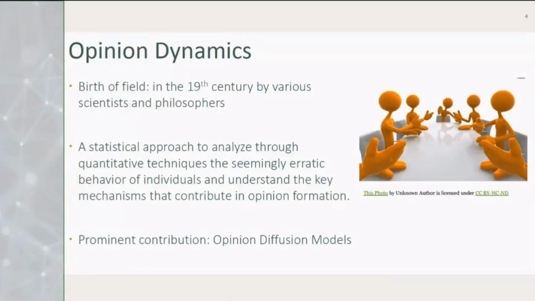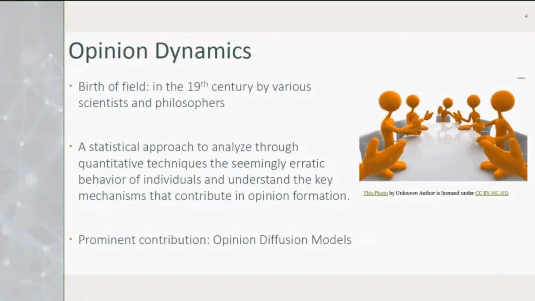That is something that everybody can understand. Everybody, from their own experiences, can understand that in many cases we discuss with our friends and we form our opinions in a seemingly erratic manner. Sometimes our friends cannot understand the way we think and the way that we make our choices.